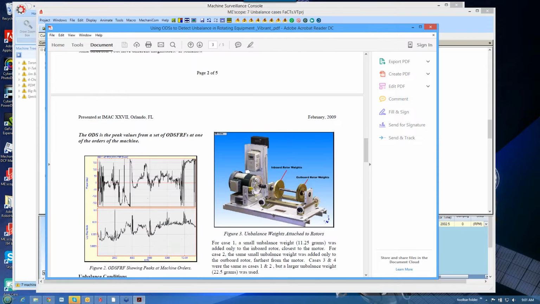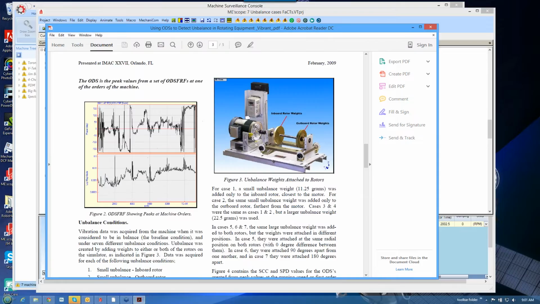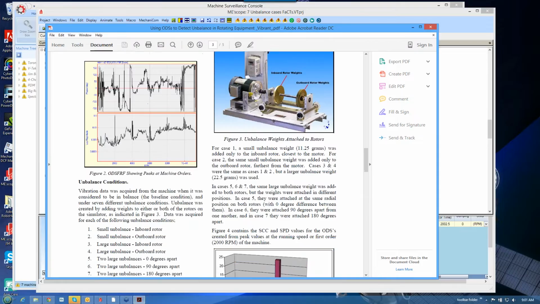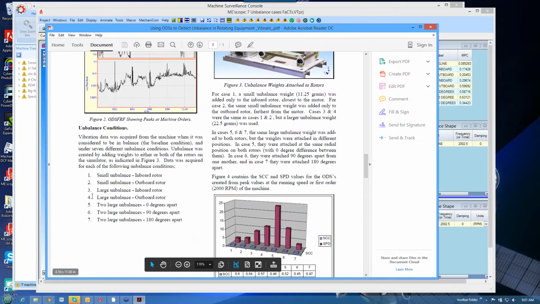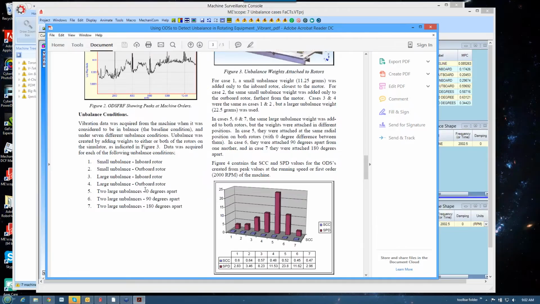There's a picture of the machine, location of the inboard and outboard rotor, because we have several different cases down here, 7 different cases of unbalance. So we put a small unbalance weight on the inboard rotor, then on the outboard, then a large unbalance followed on the inboard, followed by the outboard, and then 2 large unbalances at 0 degrees apart.